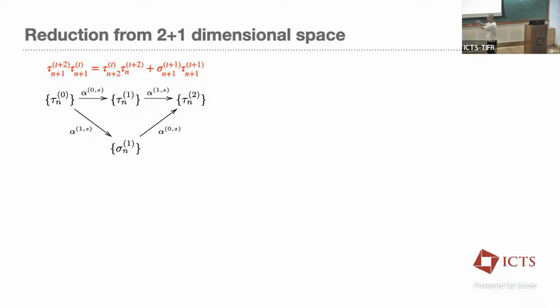But we can exchange the order of parameters by introducing sigma n. So sigma n is a spectral transformation with a different parameter, alpha 1. And then another spectral transformation for sigma introducing alpha 0, which goes back to this single time evolution.